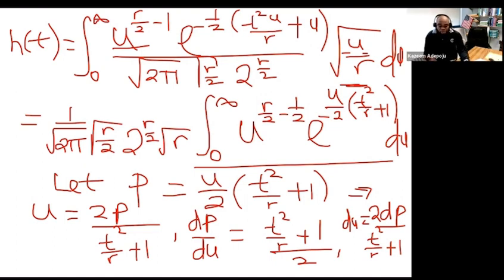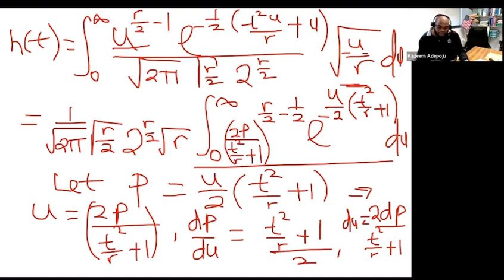So all I'm going to do now is start plugging them in. The u here is basically going to be this guy, so I'm going to use 2p divided by t squared over r plus 1.